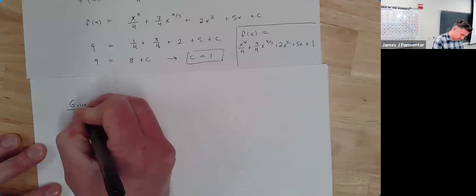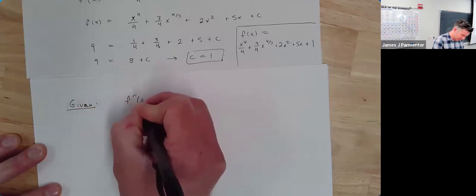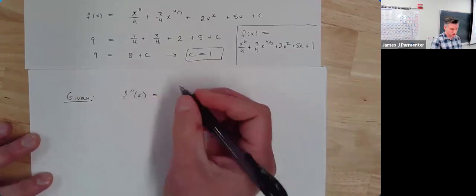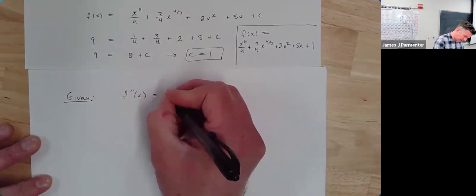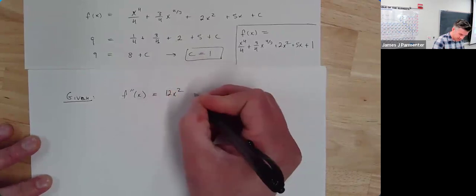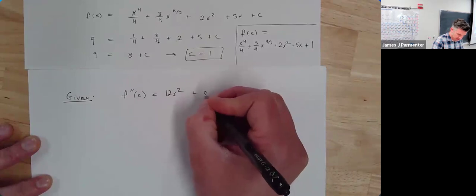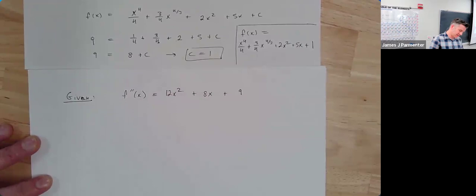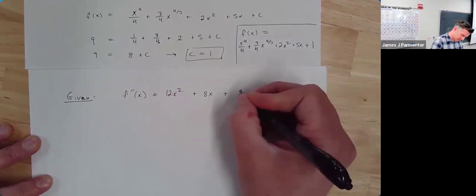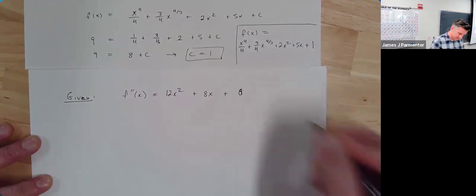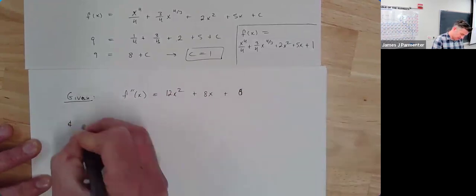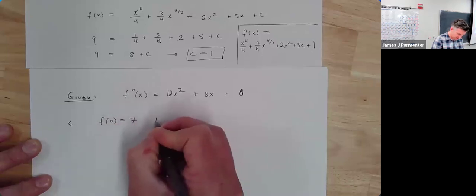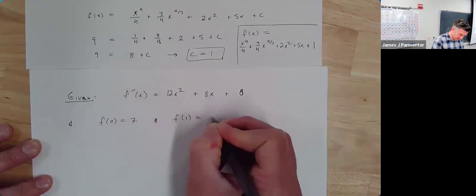So we're given that f double prime of x, the second derivative of f, is equal to, sure, I'm trying to make things not incredibly awful here, 12x squared plus 8x plus 9. 9's a terrible choice. Let's make that 8. And we were told that f of 0 is equal to 7 and f of 1 is equal to -2.